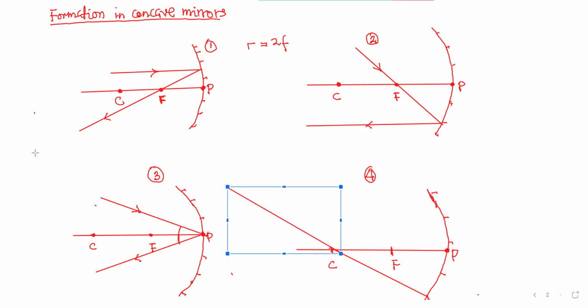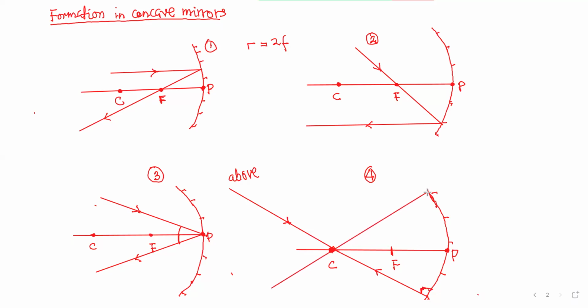So when the ray hits the mirror at 90, coming from up here, after reflection the reflected ray will take the same path as the incident and they will all pass through the center of curvature, meaning that the ray can come from above here or below. If it's from below, the ray will strike the mirror at 90.